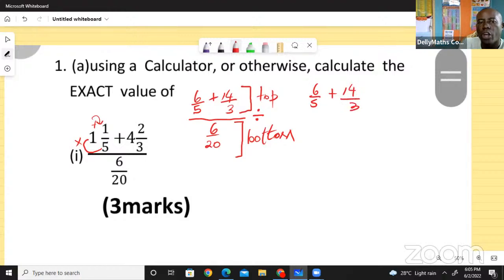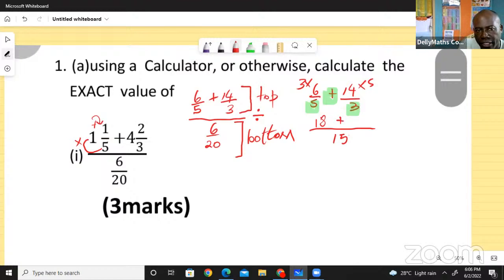Now, when our denominators are different and we're adding, we must use what is called the LCM. Anybody want to quickly type up what the LCM is? The LCM is 15. So now 5 into 15 is 3 times. 3 times 6 is 18. 3 into 15 is 5 times, and 5 times 14 is 70.